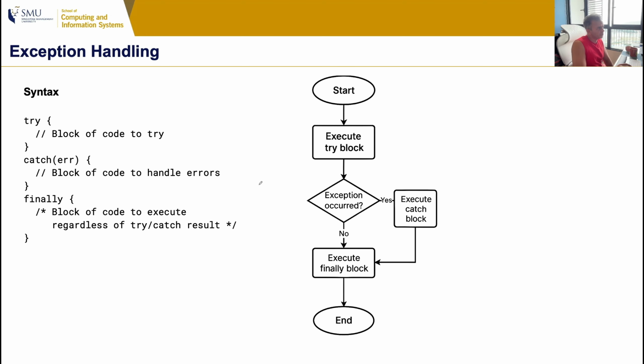The next thing we want to do is something called exception handling. Exception handling is the way in which you can try a block of code, and if there is an error, you can handle that gracefully rather than let the program crash. So this is the syntax: try with braces, encapsulating a bunch of statements that could typically have an error. Supposing you're writing to a file and you keep writing, and at some point you run out of disk space, or the space allocated for this particular file, and then there would be an error.